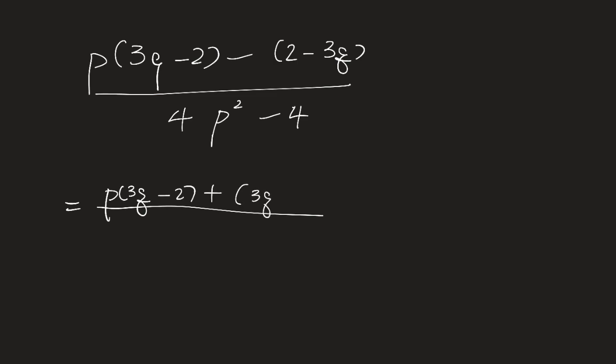Change the sign, so you have 3q minus 2. This one take out 4, and then you have p squared minus 1. And then if you take out this 3q minus 2, then you have p plus 1 here. And this one will be 4 times p minus 1, p plus 1. So at the end, you have 3q minus 2 over 4 times p minus 1, like this.